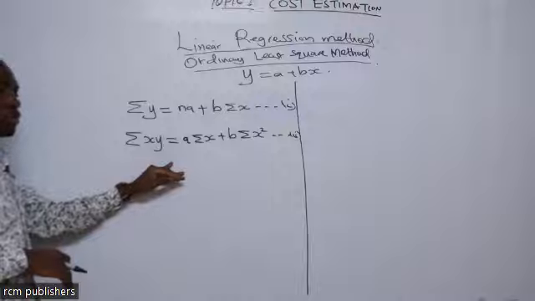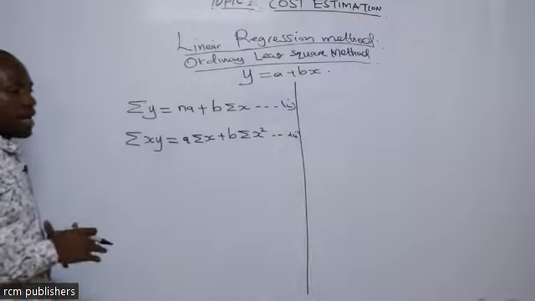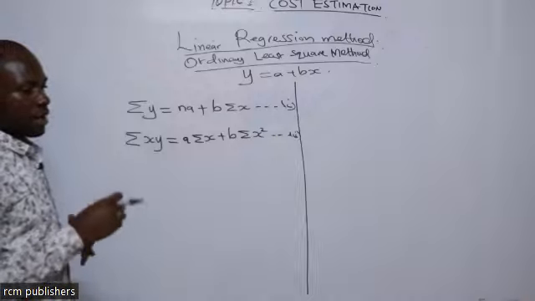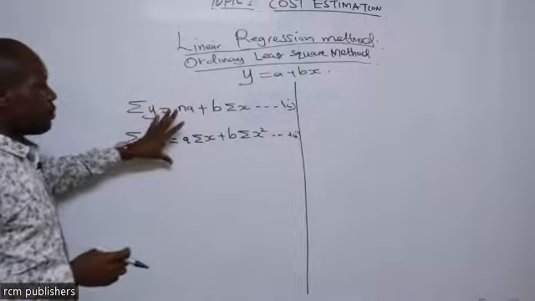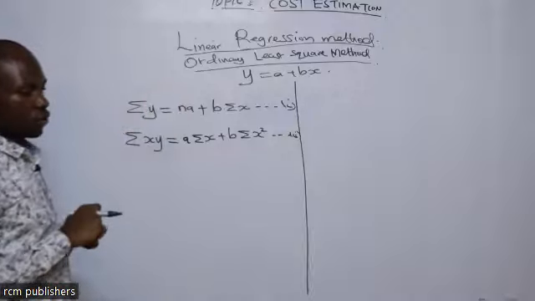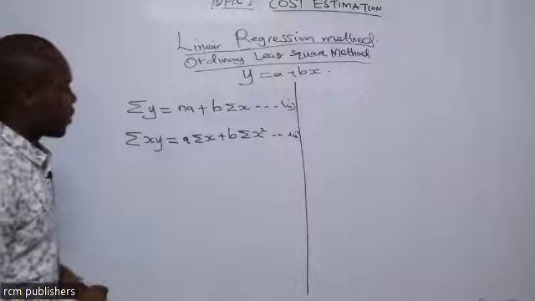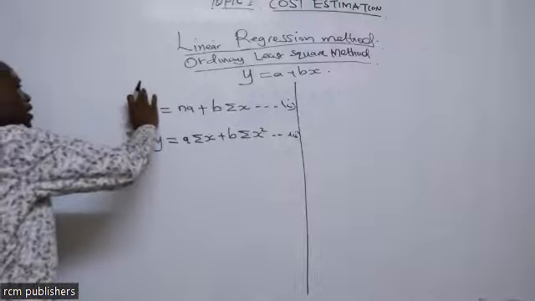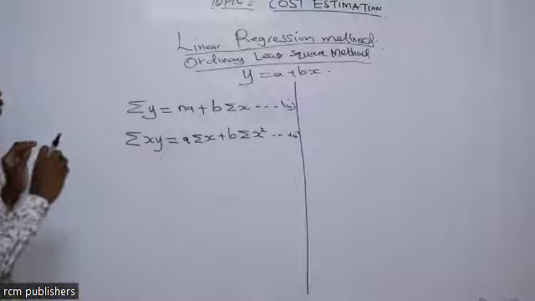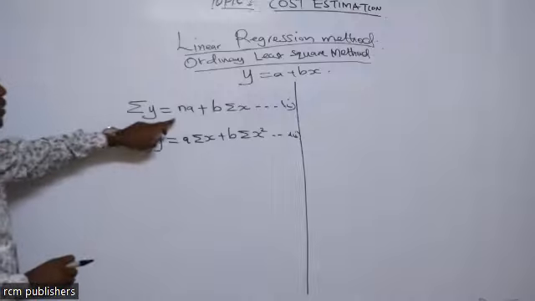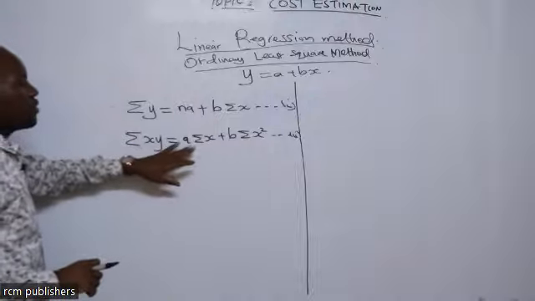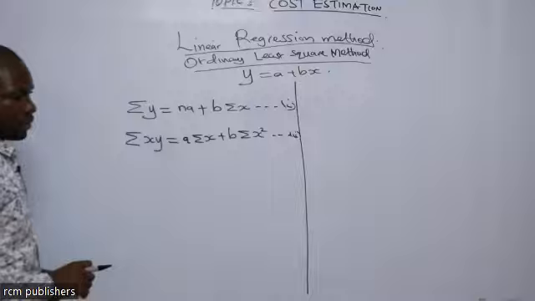Number two, we can also apply our calculator to help us get these values directly without taking a lot of time. This original function is normally condensed to give us the value of B directly, and the value of A directly.